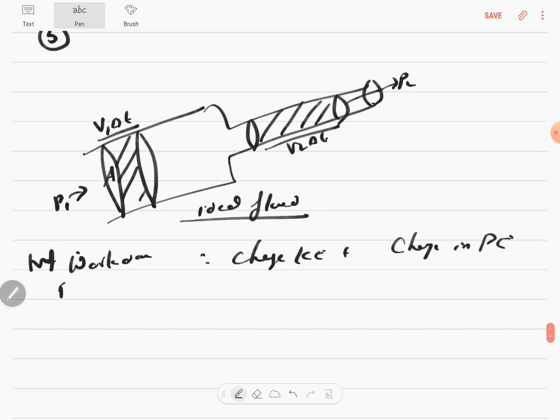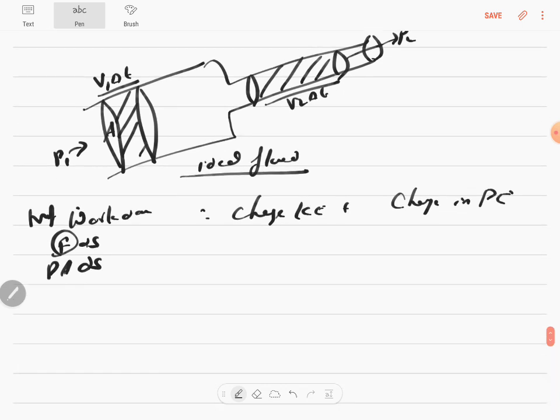Net work done is force into displacement, and force itself is pressure into area. So the net pressure difference between the left hand side and the right hand side is considered.